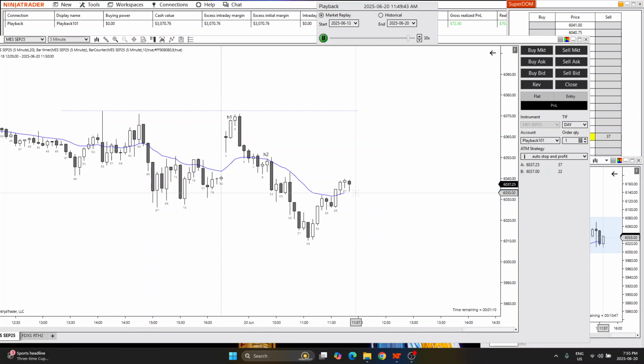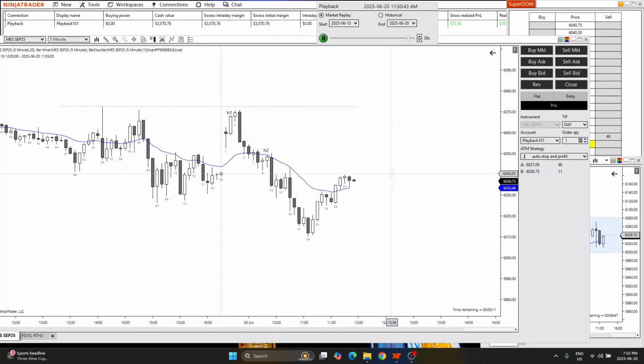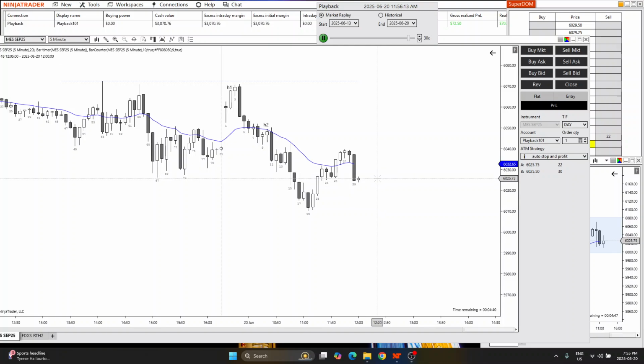So it's forming a low one. This is a low one. Some traders would trade the low one as well. They will short it, but I would always like to wait for a second entry, which is a low two.